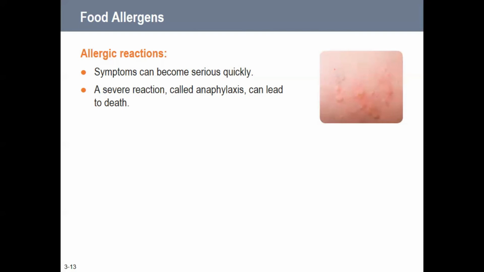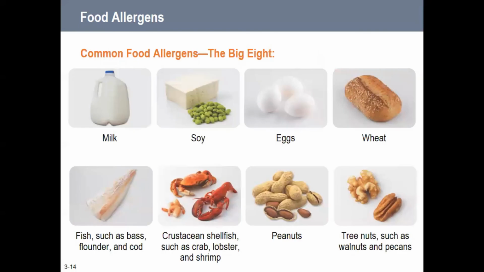Now, what we need to do, like everything else, is try to be proactive. The first thing we want to look at is what can be considered a food allergen. Technically, there are more than 160 food items that can cause an allergic reaction in people. However, 8 of them account for 90% of the reactions here in the United States, so we call them the big 8.